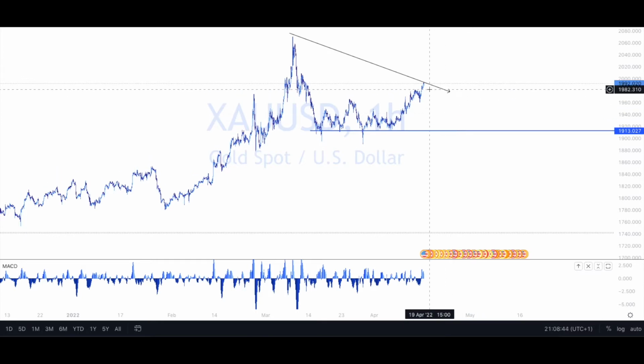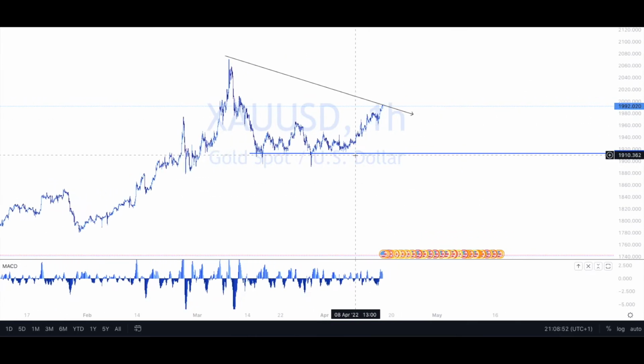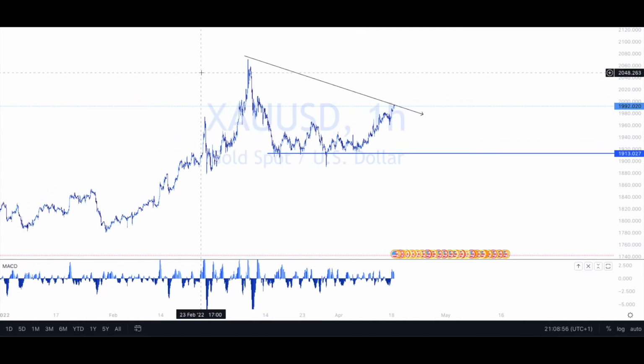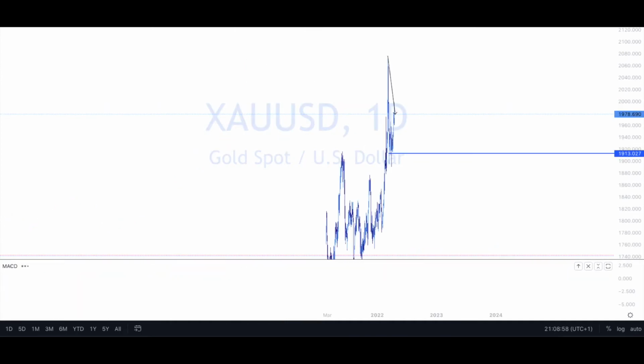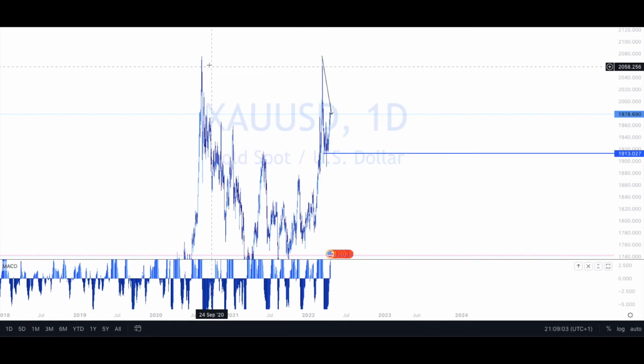I now need to see a few things before I decide what I'm going to do. If I was trading this in real life, I would want to see what this is going to do. Before that, I will jump into the daily just to get the overall direction. As you can see, we have a double top over here, and the next top is over here.